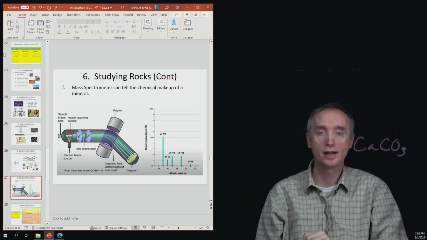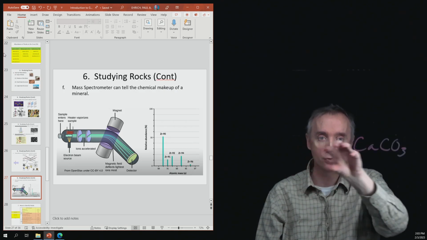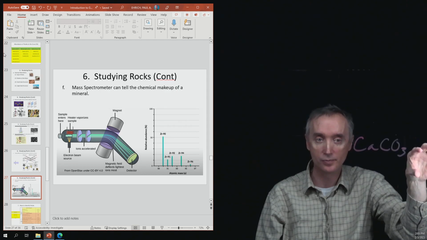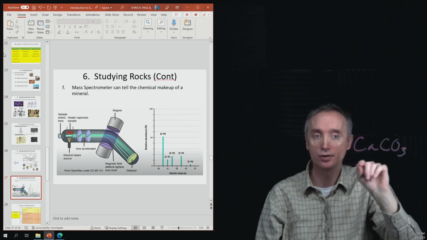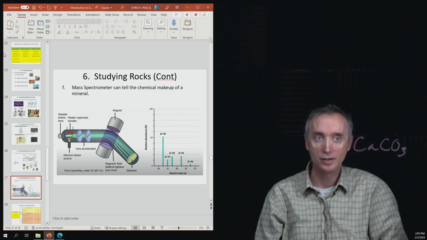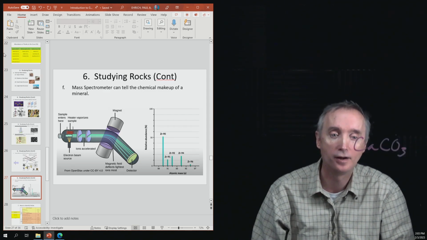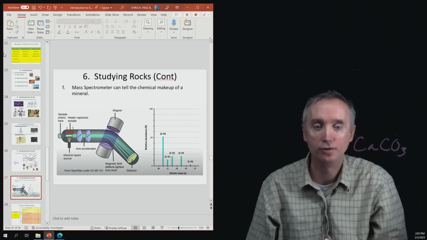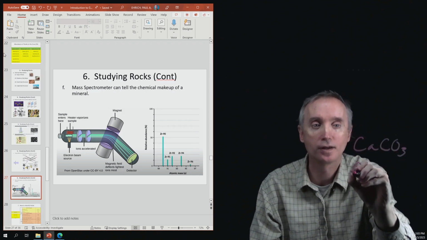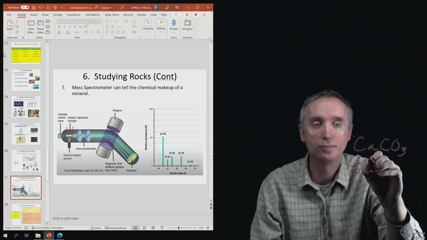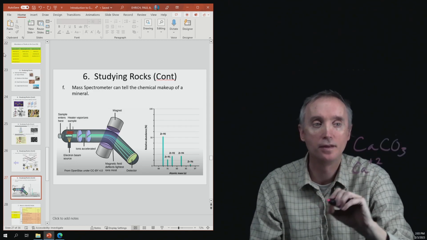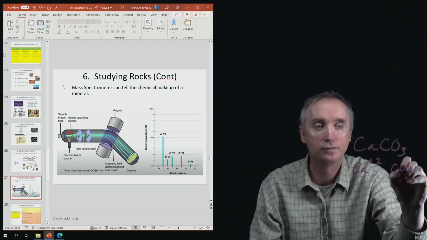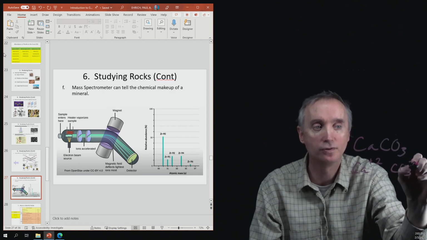The next thing that happens is all of these chunks pass through a tube, and then enter a magnetic field. Because, for example, when you break calcium carbonate apart, you end up with calcium, which is a +2, and carbonate, which is a -2.